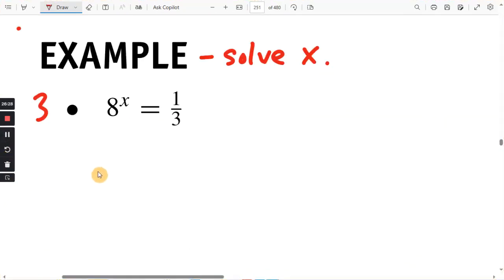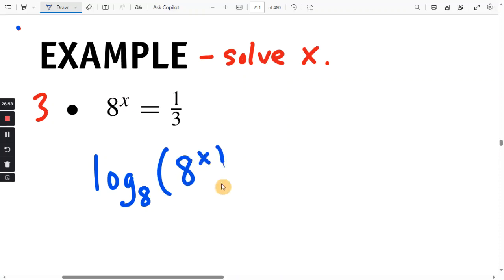All right, last one, please try it. 8 to the x equals 1/3. I suggest you do log base 8 on both sides and proceed from there. So 8 to the power of x, we're going to do log base 8 of 8 to the power of x, and that's going to equal log base 8 of 1/3.